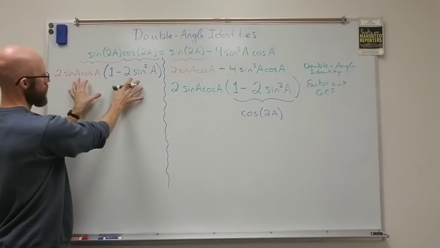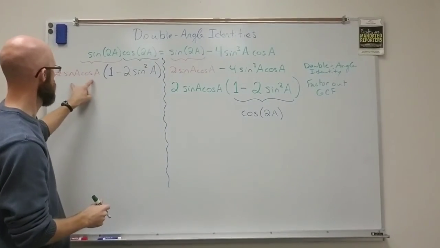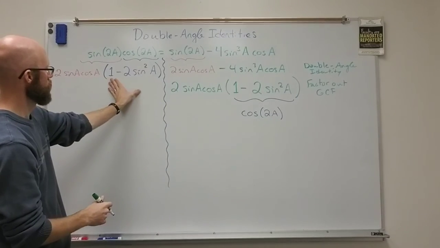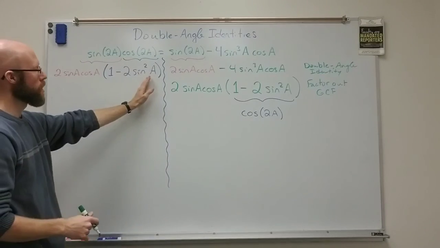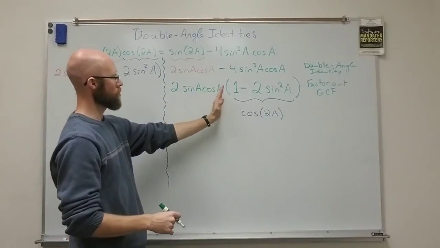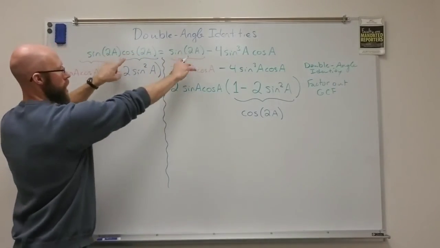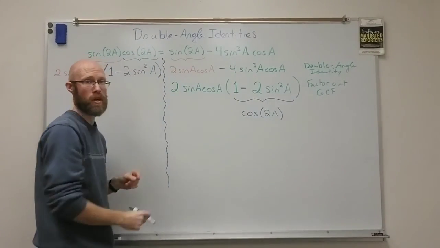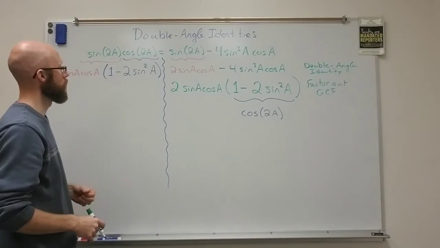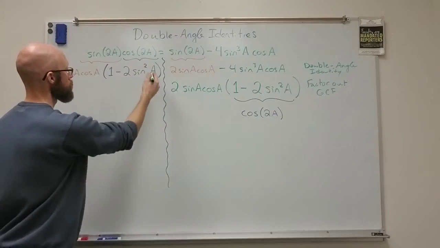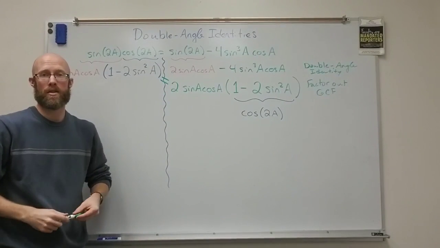And now what I've done is I've shown that using a double angle identity in a couple different places, I have this expression on the left, 2 sine a cos a times this difference. And on the right, I also have 2 sine a cos a times that difference. And so I've basically shown that both sides can simplify to a common expression, which makes them equal. Yeah, so these two expressions here are the same. And that establishes the identity.